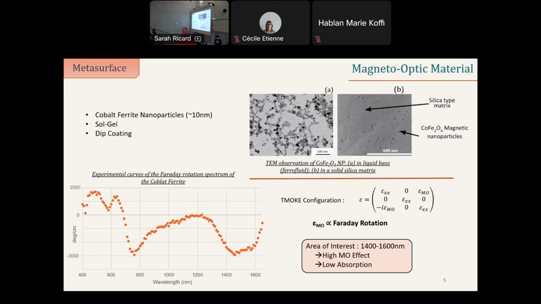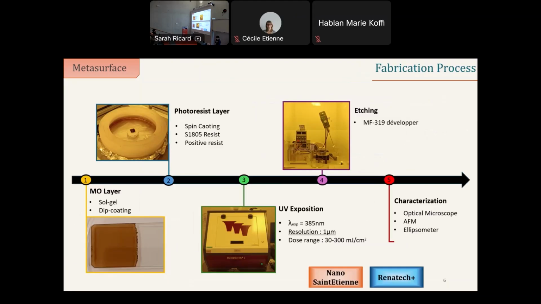Now that I have introduced magneto-optic effects and materials, I will go deeper into my work and the fabrication process of my sample. As I said, the first step is to have our magneto-optic layer with sol gel and dip coating technique. Once we have our solid layer, we did multiple processes in the platform Nano Saint-Étienne in the lab.